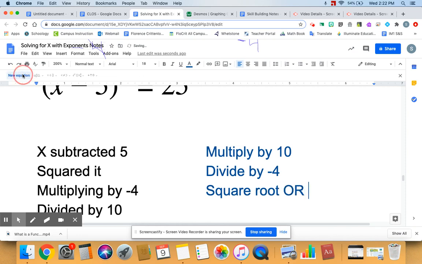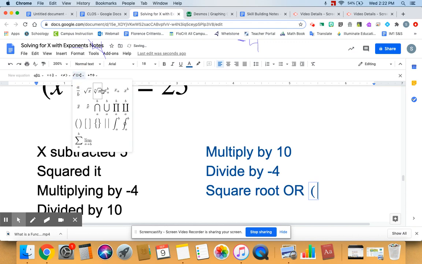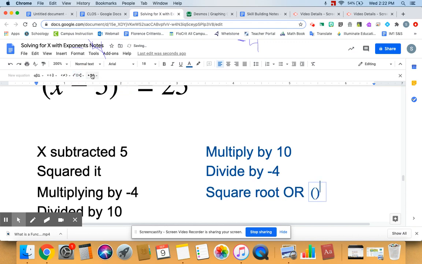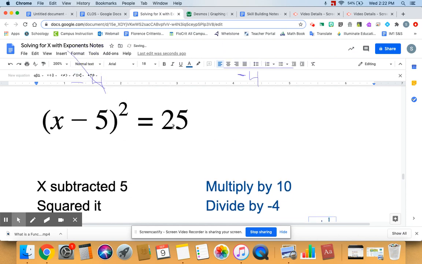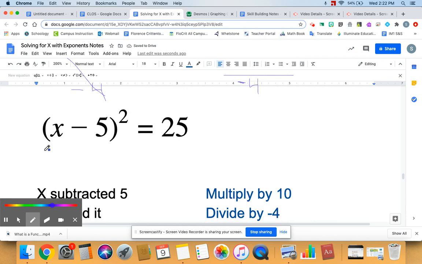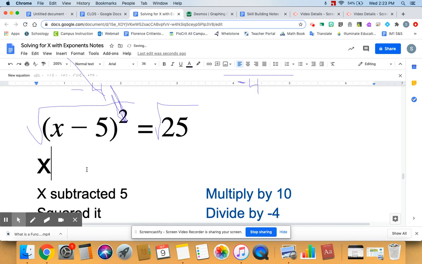Or you could have said, take the parentheses around it and raise it to the exponent of 1/2, but that's the same thing as taking the square root. So I'm going to take the square root of both sides. The square root cancels the squared because they're inverses. They eliminate each other. So then I'm left with x minus 5, and it's not in a parentheses anymore.